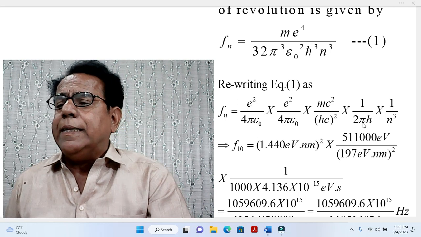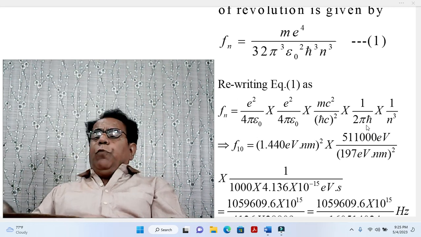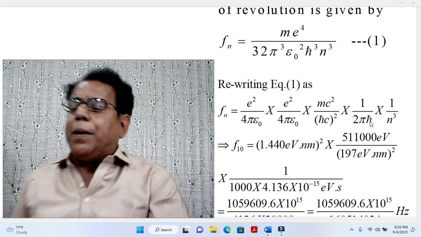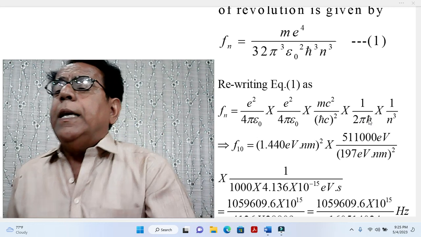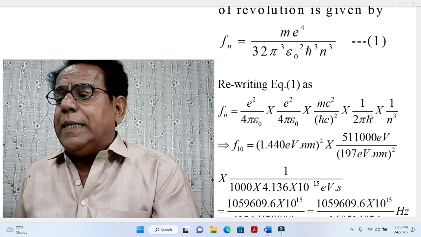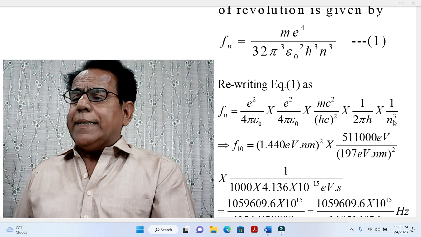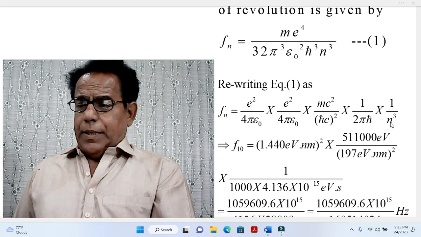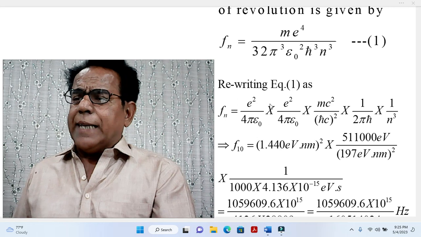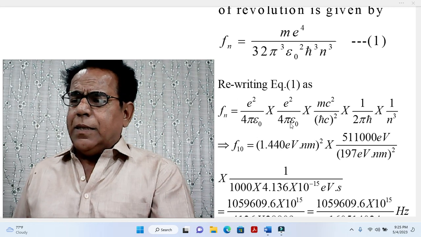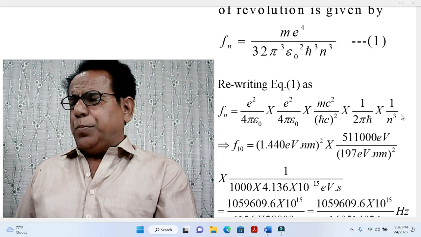One h bar was also left, written in this form. Moreover, 1 over n cube is also remaining, which has not been included in these three, so it has also been written in this form.